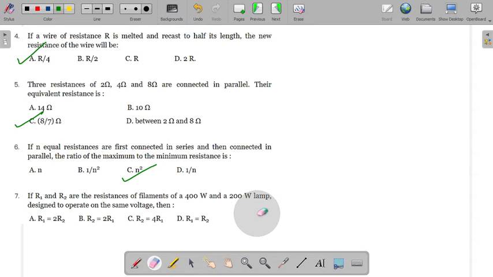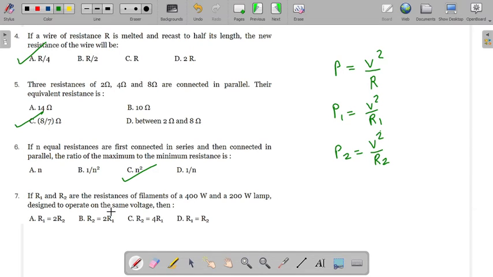As we know, the relation of power, voltage and resistance is power P equals V square by R. It means power P1 equals V square upon R1 and power P2 equals V square upon R2.